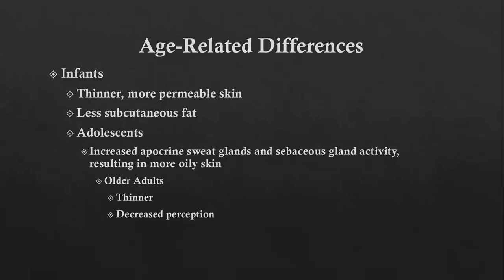And a lot of times at this point, the patients will go to the dermatologist, and the dermatologist may prescribe them something like benzoyl peroxide, which will dry the skin out. It'll help with drying it up so that you won't have as much oil. Does that make sense? And then we have our older adults, and we already know that their skin is thinner, and they have a decreased perception.